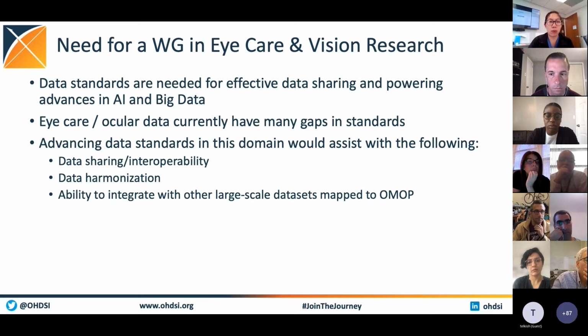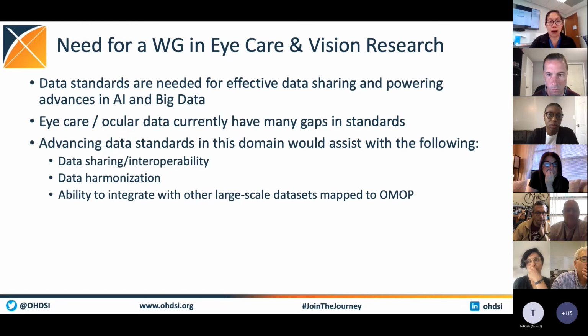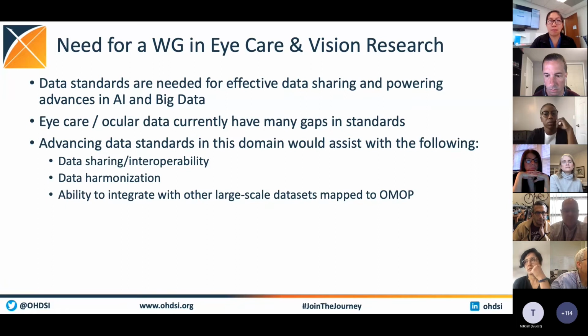The reason we felt this was needed is that all across medicine there's an increasing interest in data sharing and data harmonization. A lot of this work is important for advancing AI and big data type work. And right now, unfortunately, our field has been a little bit behind in standards development. There are a lot of gaps on all fronts, semantic interoperability and syntactic interoperability.